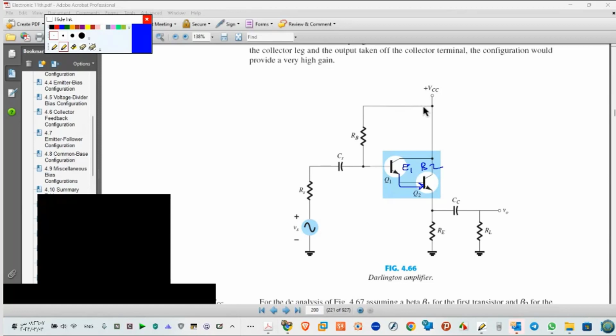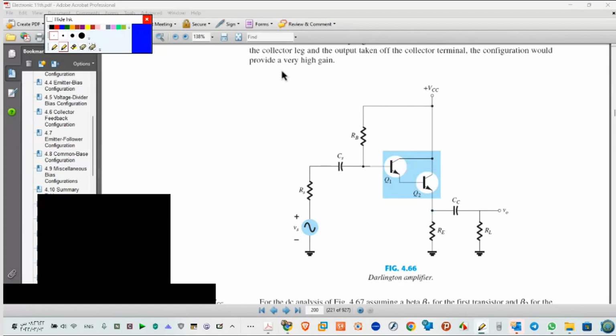I will connect emitter 1 with base 2. So this is Darlington. And the output, as you see here, will be from this point, from emitter 2.